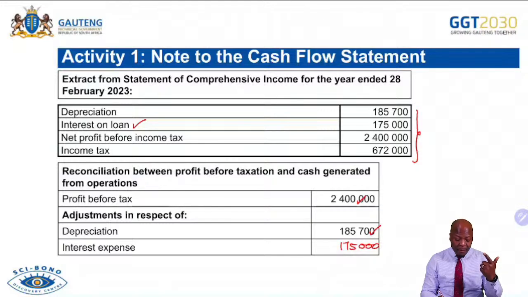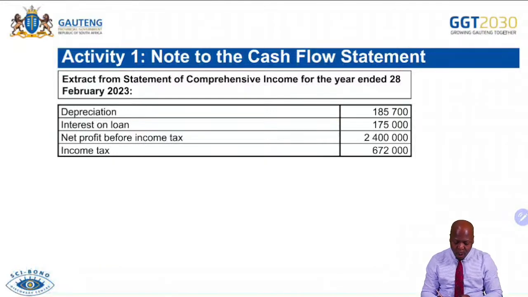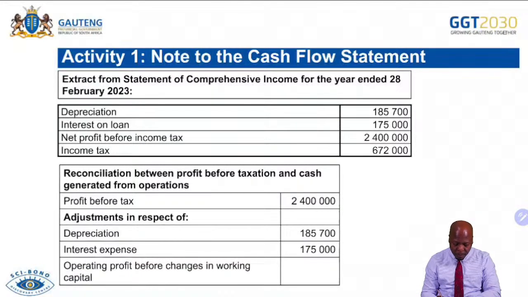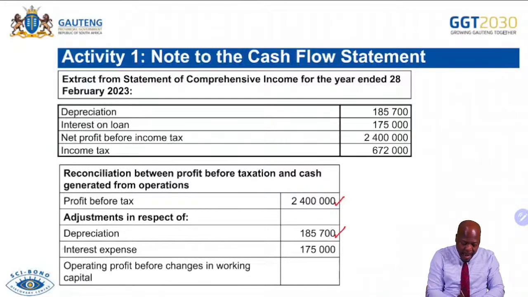So now that I have these two aspects, I know that I can move on to my next part, which has to do with changes in working capital. But before I do that, I need to complete this part. So I had my profit before tax, which is 2.4. I also added my depreciation. Remember, we are adding here. I'm also adding my interest expense.